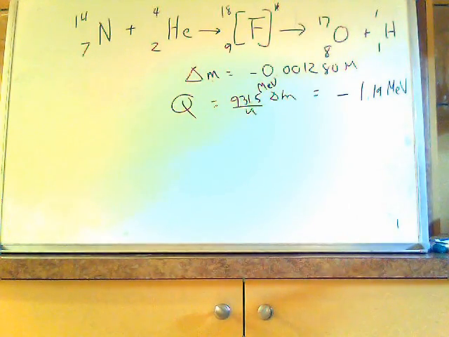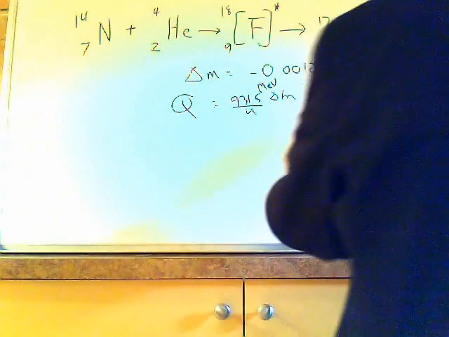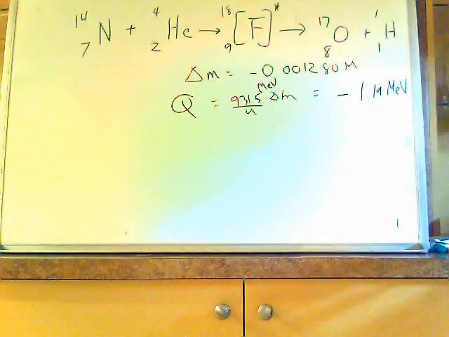And what we can do with this is calculate something called the threshold energy. This is going to take into consideration not only what we've done so far, but also changes in momentum that are going to occur as a result of these reactions.